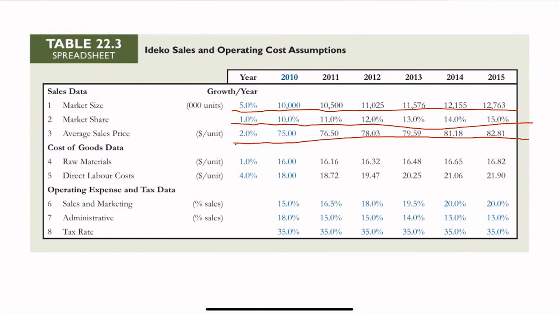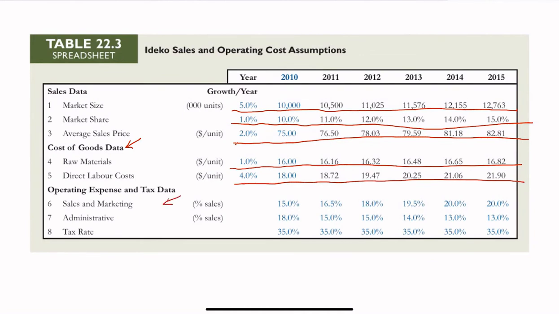And you will also make some assumption on COGS, the cost of goods sold. For the raw materials, you assume the price will increase by 1% per year. And then the labor cost will increase by 4% per year.